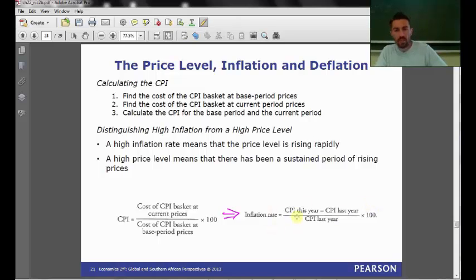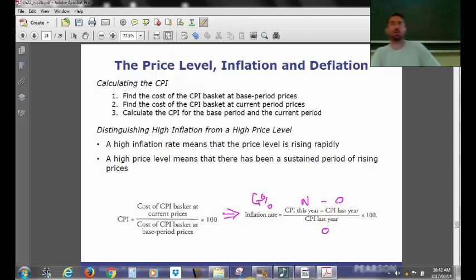You can see that this is obviously a growth percentage calculation. Growth percentage equals new minus old divided by old. Change in prices, percentage growth in prices. That's what the inflation rate is. It is the percentage change in prices.